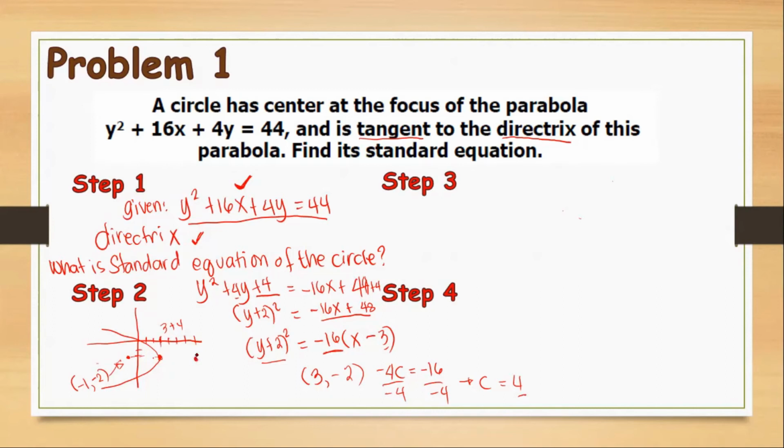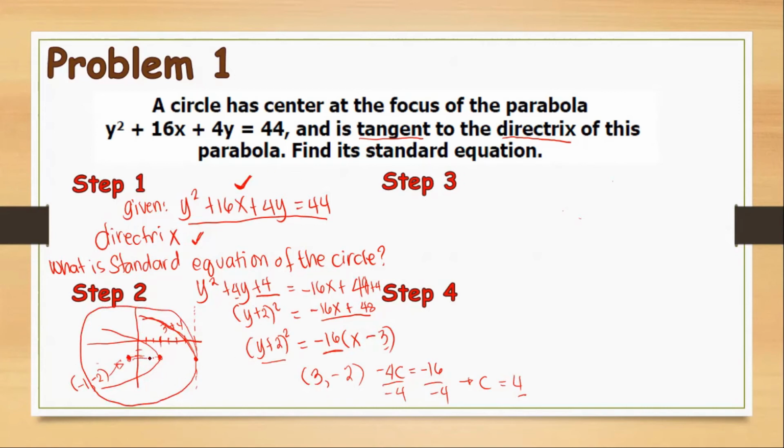This will be the 7, and this line will be tangent to your circle. So if you are going to draw that circle, it will be like this. Sorry, it looks like an ellipse, but it's a circle.